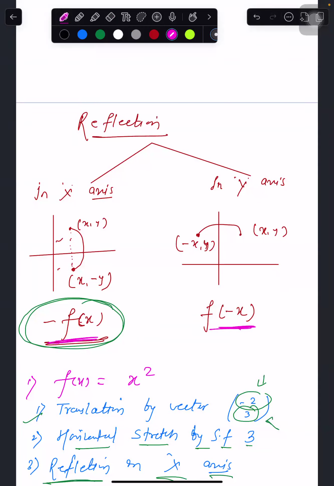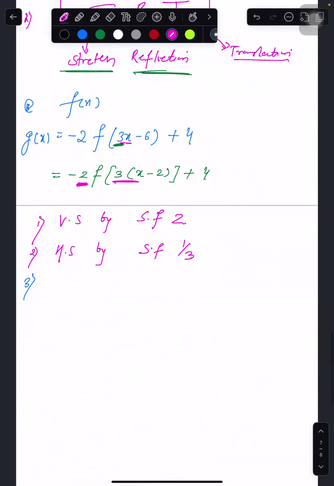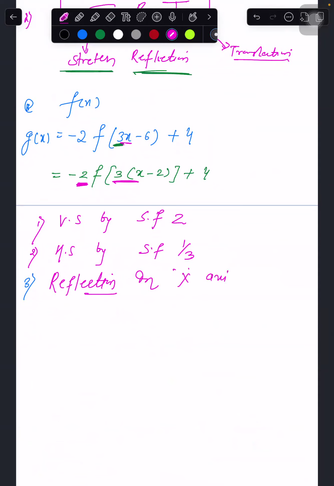Do you see a minus sign outside or do you see minus x? If you see any one of these, then there's a reflection. Yes, there's a minus outside, which means it's a reflection in the x-axis. The minus sign is outside. Okay, so reflection is done.